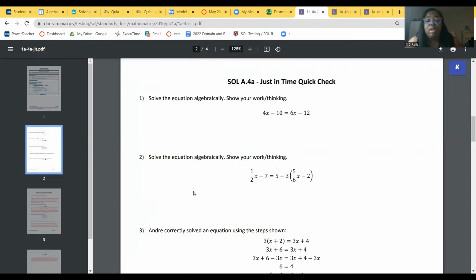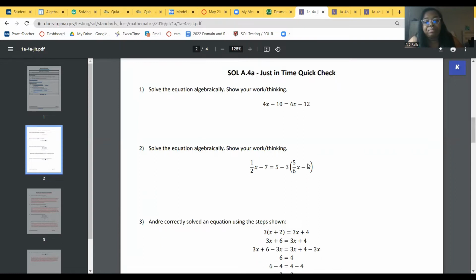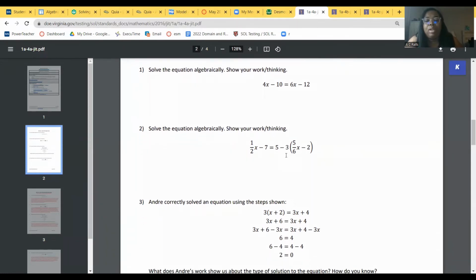So number 2, if you would like to, you could try that one using Desmos where you put this side in and then the other side, if fractions scare you. But go ahead and pause the video and do that. But I'm going to show you how to work out number 2 by hand. This is like a doozy because there are several steps to solve this one.